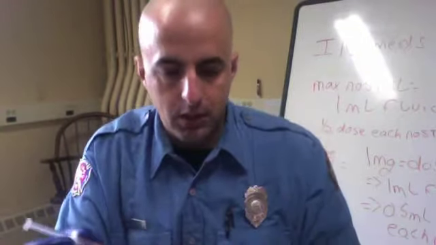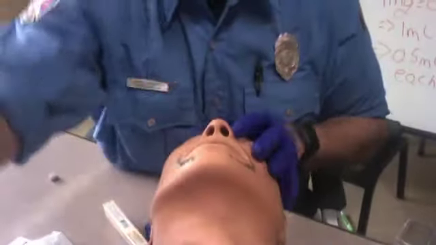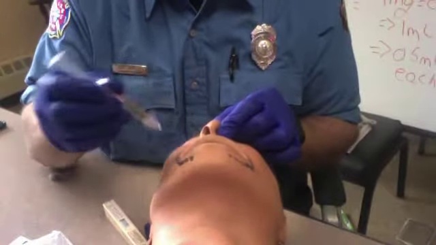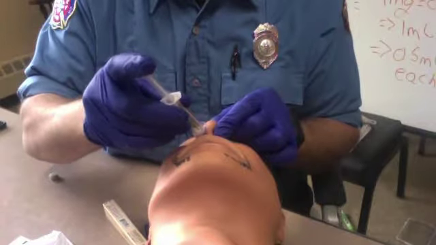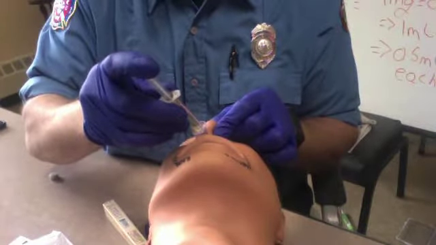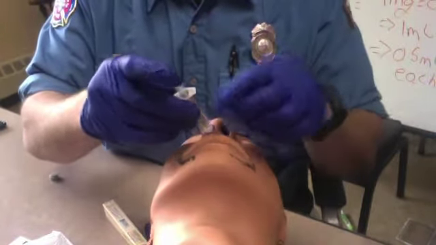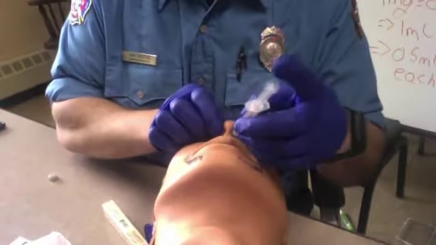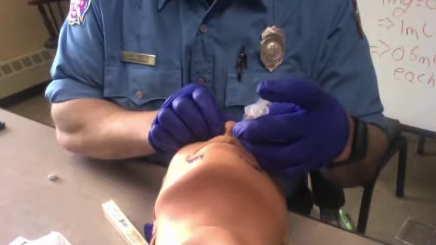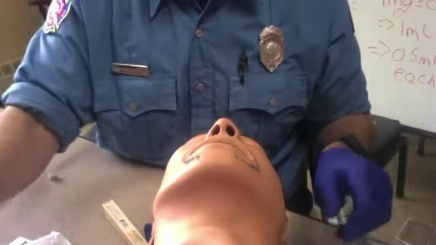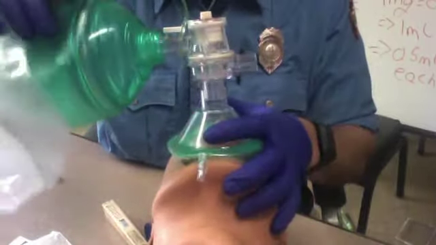So cover up one nostril, put the atomizer in the other nostril, administer your medication, half in one, half in the other, and then continue to ventilate your patient.